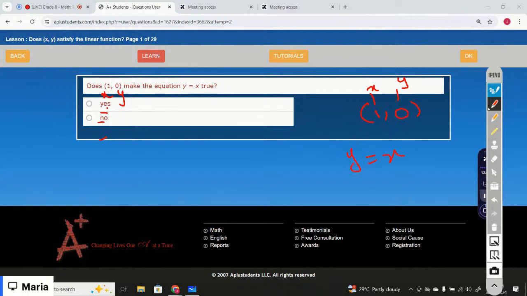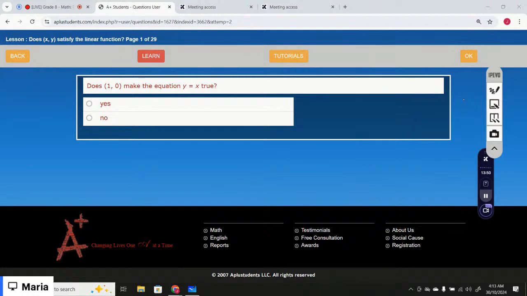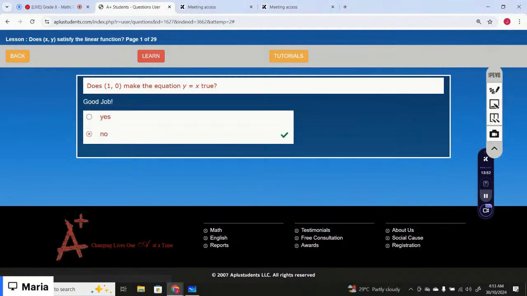So just replace the variables with the values. Y is 0, x is 1, and they are not equal, right? So the correct option is no. The point 1, 0 does not make the equation y equals x true. Option number 2 is the correct option.